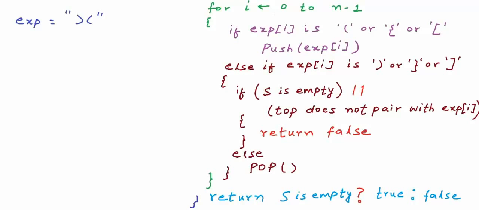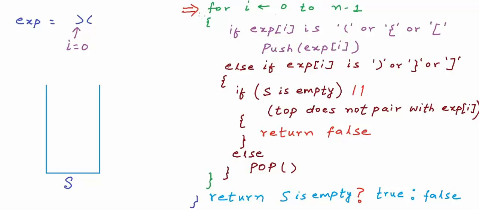Let's first look at this expression. The first thing that we are doing in our code is that we are creating a stack of characters. I have drawn a logical representation of a stack here. Okay, now let's scan this string. Let's say we have a 0-based index and the string is just a character array. We are starting the scan, we are going inside the loop.